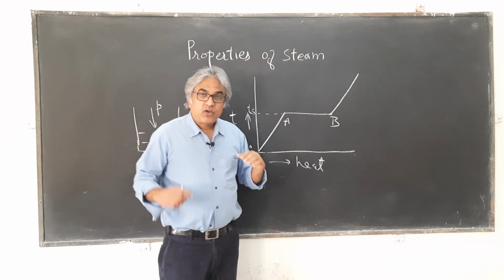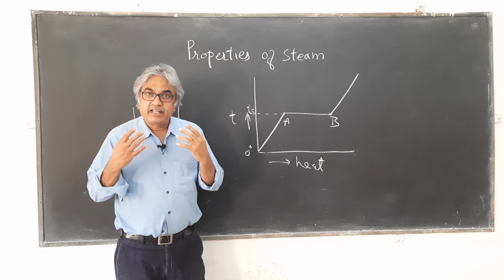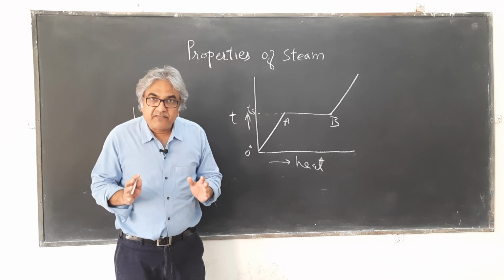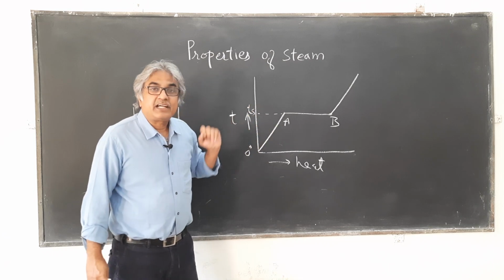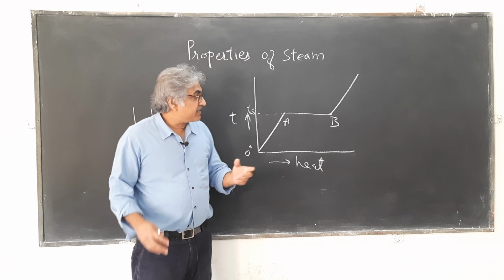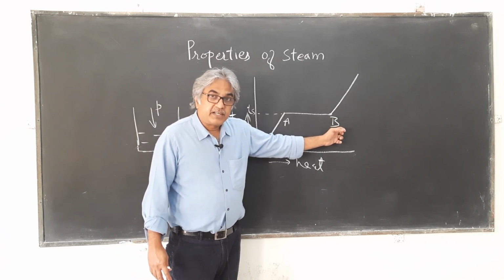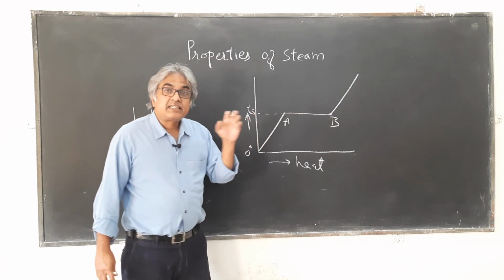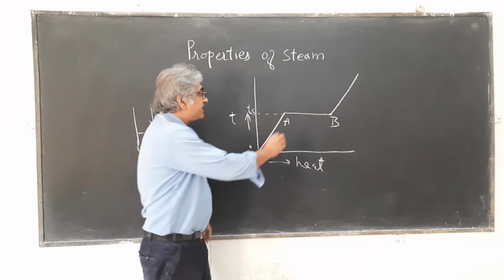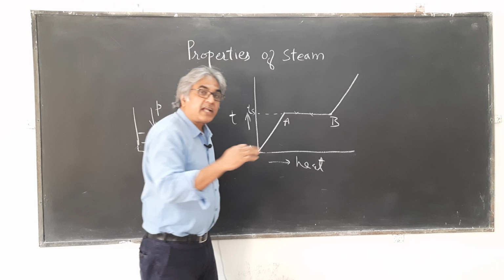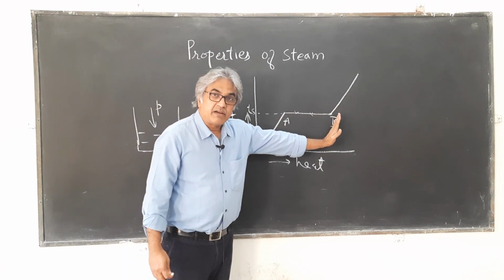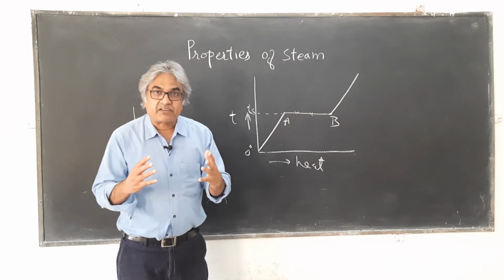At point B, all the water is converted into steam. Steam does not have any water particle left, but the steam is still at saturation temperature. So point B is the dry saturated steam condition, and A is the saturated liquid condition. In between, at any point, there exists both water and steam, because it is saturated liquid here, saturated vapor here, and in between it is a mixture.